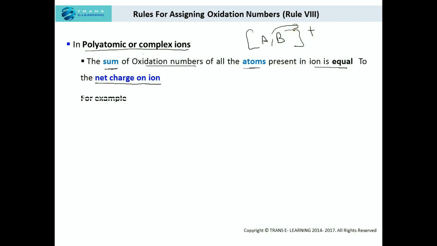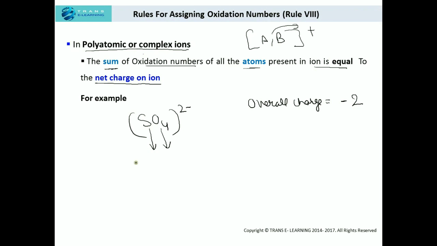For example, SO4 2 negative. Now this complex ion has an overall charge of -2, which is the net charge. So now as per this rule, if we take the oxidation number of sulfur and the oxidation number of oxygen and add them, their answer should come out to be -2.